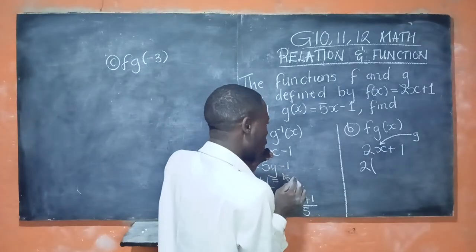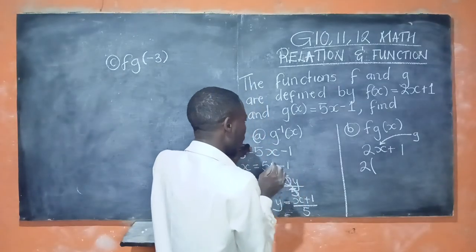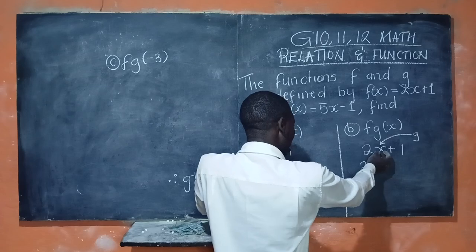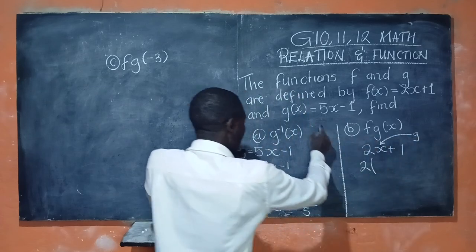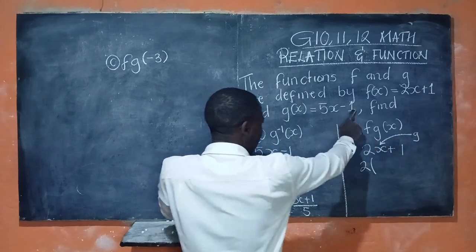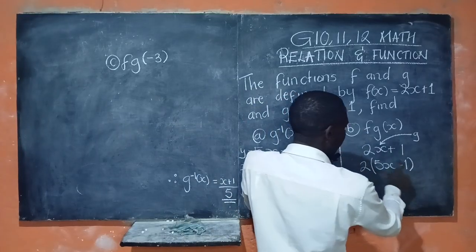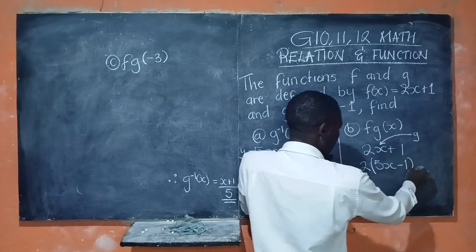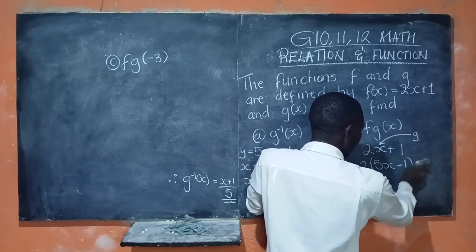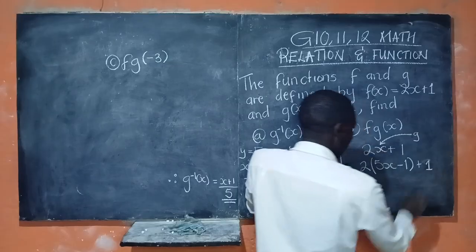What is the value of g? Where x is, we replace it with the values for g. The values for g are these, which is 5x minus 1. Then here there is plus 1. So we say plus 1. I guess you can see that.